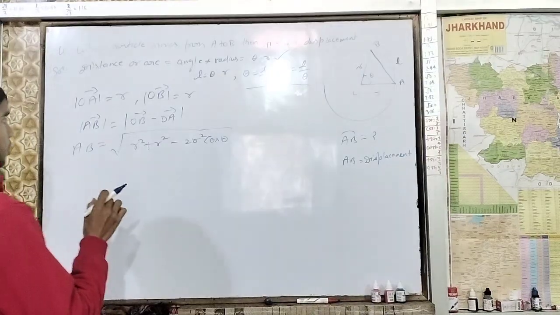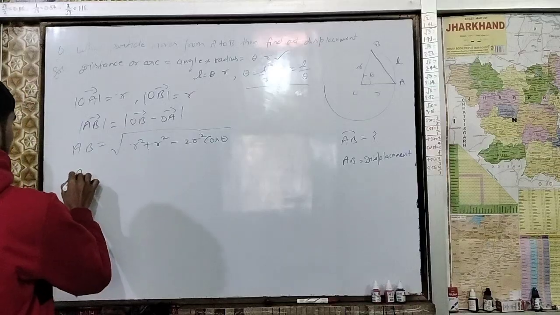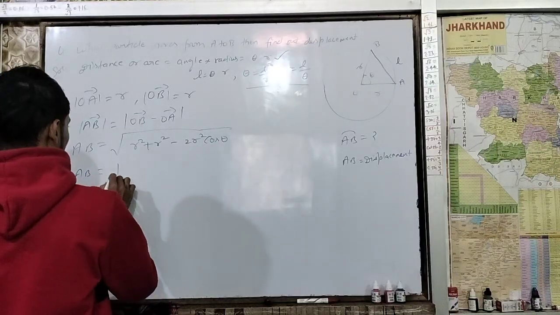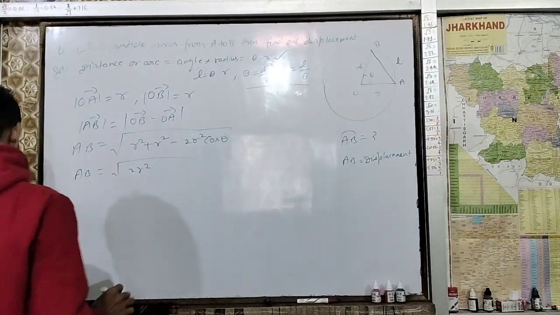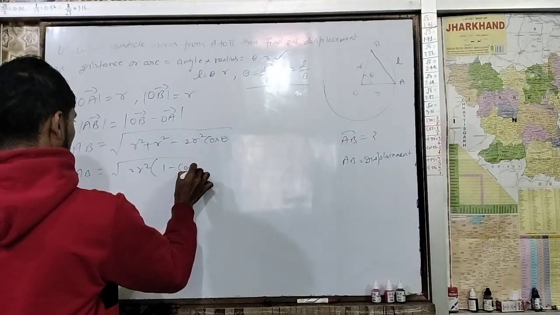Now you can substitute the value of each variable. Over here you can see there is a common thing, which is 2R square. Taking 2R square common, we get 2R square into 1 minus cos theta.